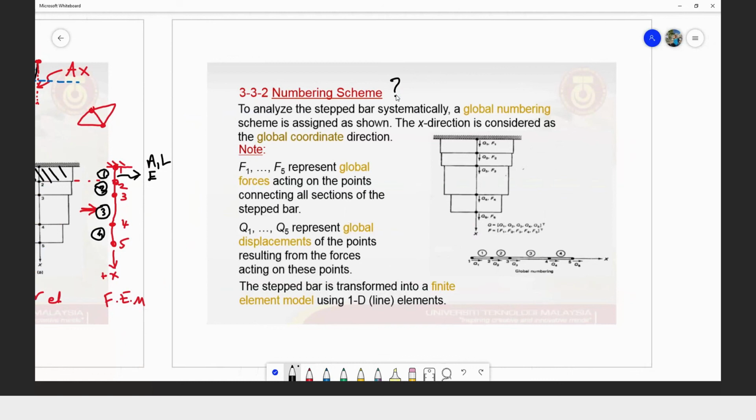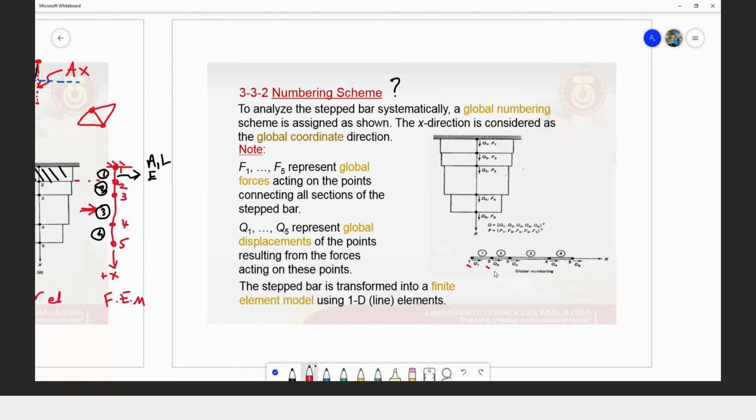So we have engineer, human have to tell the computer. So this is element number 1, element number 2, element number 3. Element number 1 ni is connected, bersambung di antara, sebagai contohlah dekat sini ni. Elemen nombor 1 ni dia bersambung di antara node 1 dengan node 2.